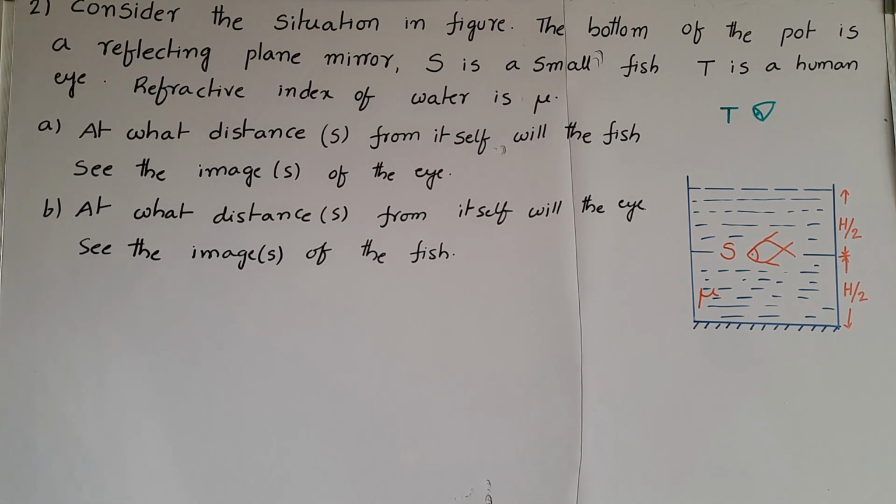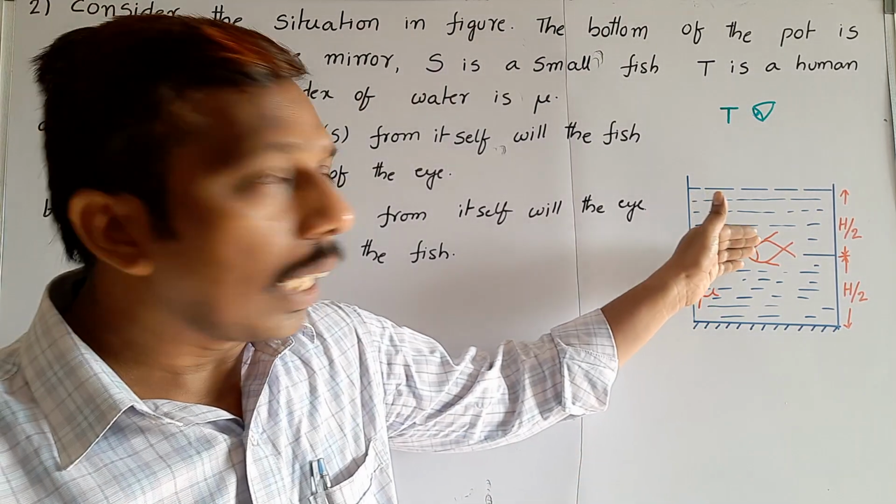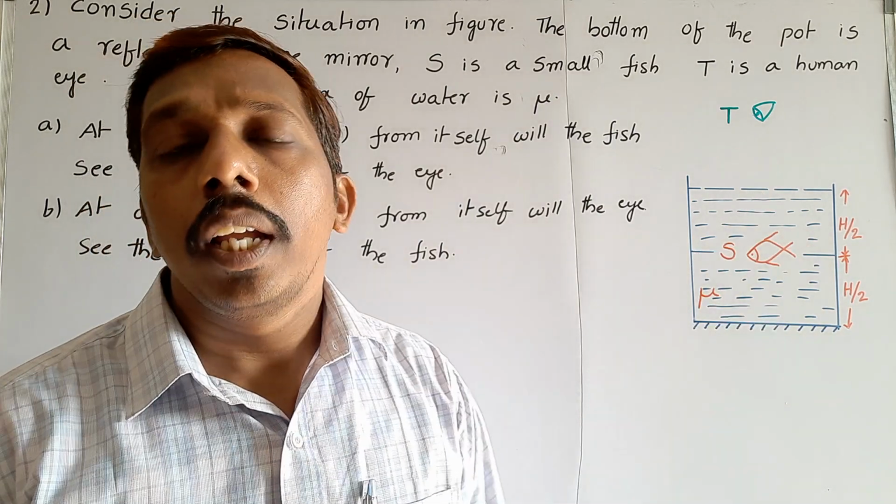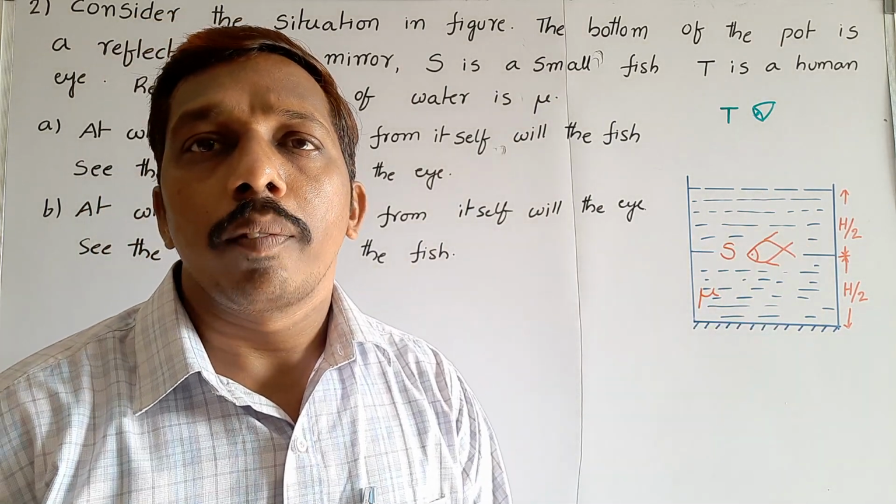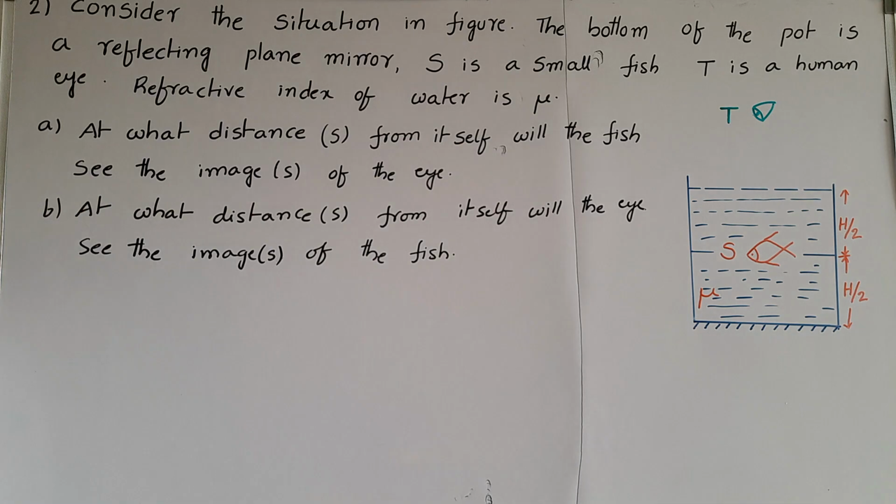Same for the other case: at what distances from itself will the eye see the images of the fish? One is a direct observation, the second one is an image formed in the plane mirror. So first we solve them one by one. First, direct observation.